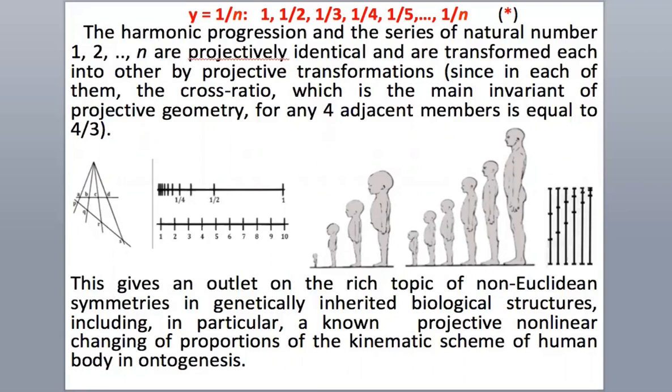This gives an outlet on the rich topic of non-Euclidean biosymmetries in genetically inherited biological structures, including in particular a known projective nonlinear changing of proportions of the kinematic scheme of the human body in ontogenesis.